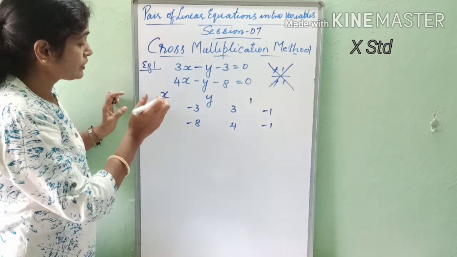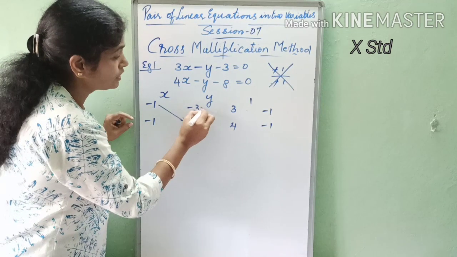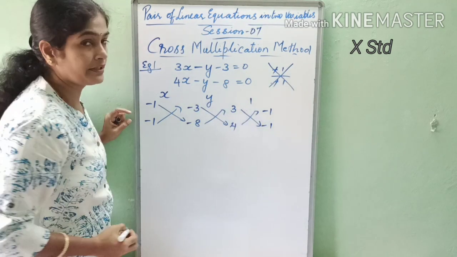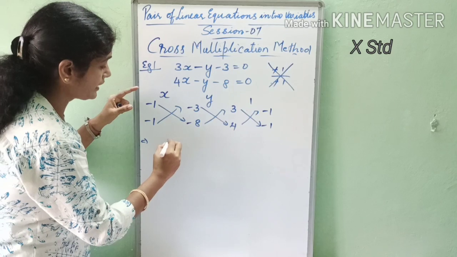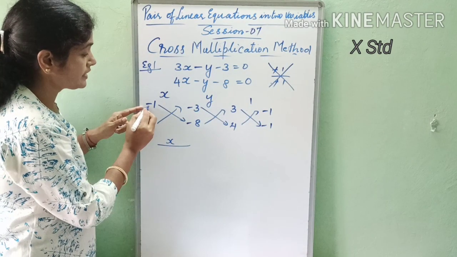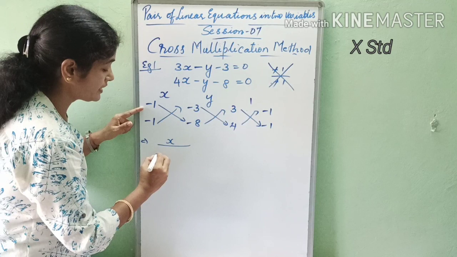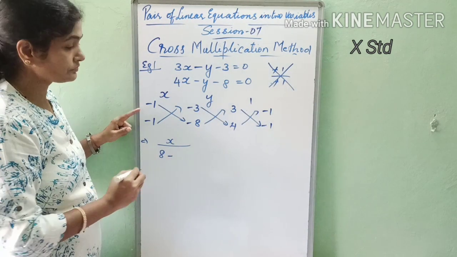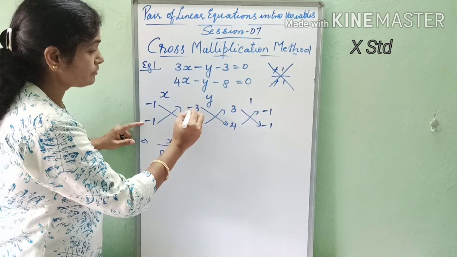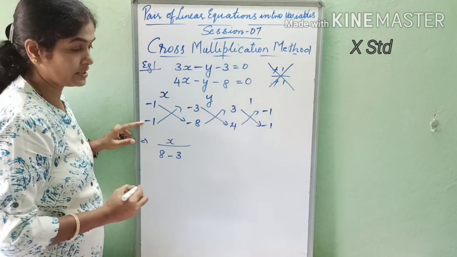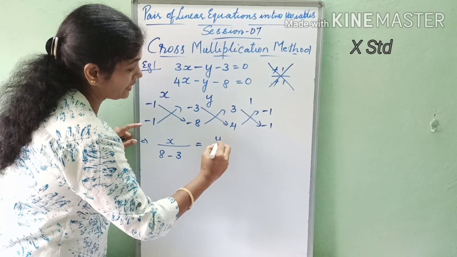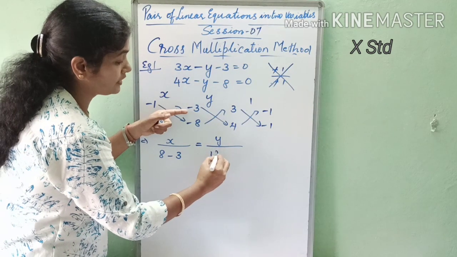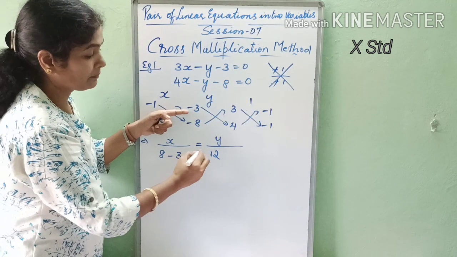That's it. So next step, we have to cross multiply. First all the down arrows, then the up. Therefore, next we will do x by minus 1 into minus 8. Minus 1 into minus 8 gives you 8. Then minus 1 into minus 3 is 3 as it is. This is equal to y divided by, then minus 3 into 4 is minus 12.